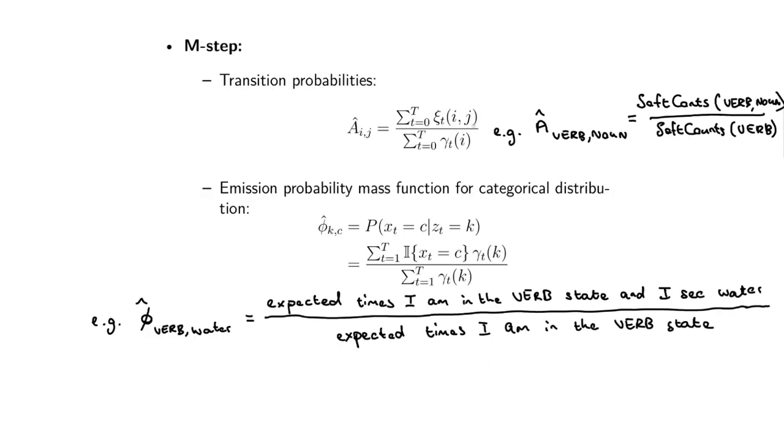And similarly for the M step, there's very good mathematical underpinning for these maximum likelihood equations for getting the transition probabilities and the emission distribution parameters. Now, I don't want to go into full detail here about exactly why this is guaranteed to improve the log likelihood of the data, but I do want to give you an intuition for the mathematics that underpins the derivation of these equations.